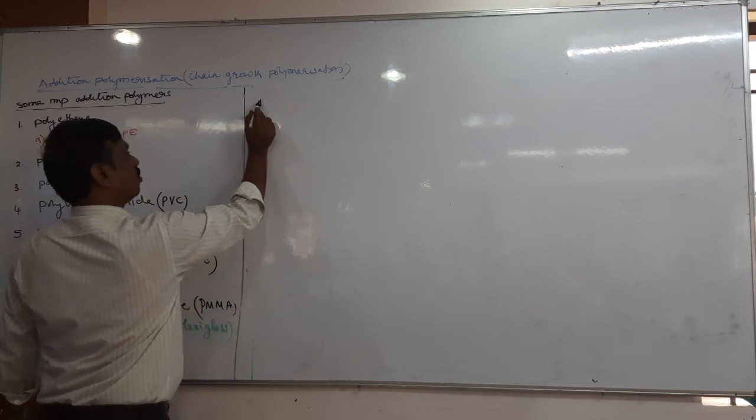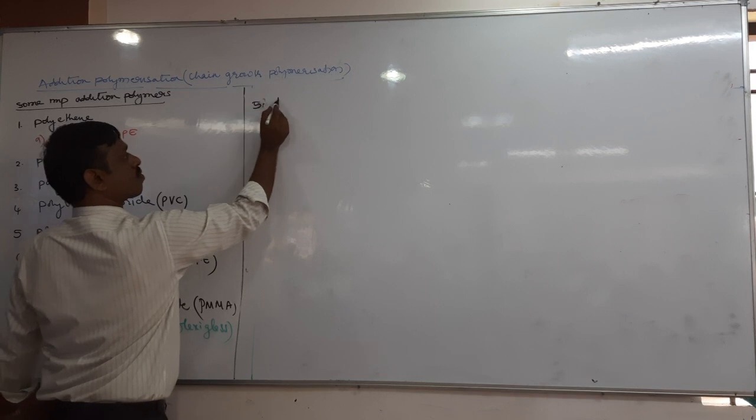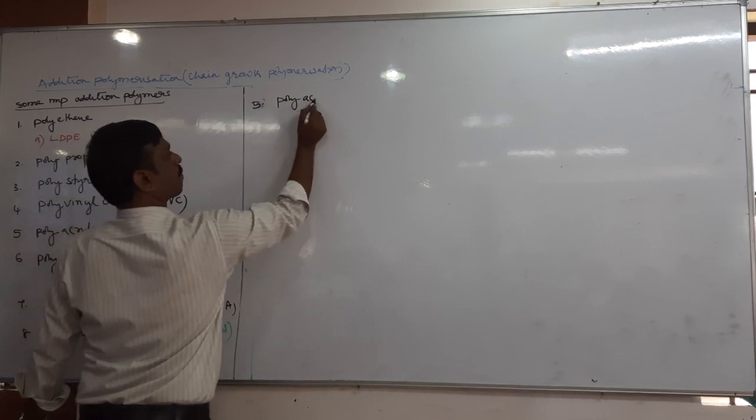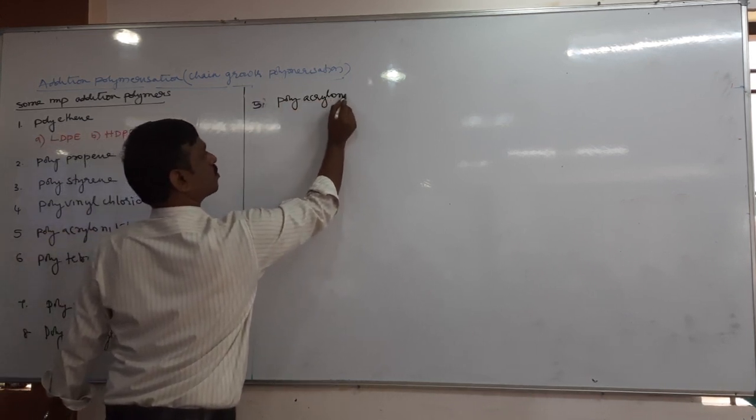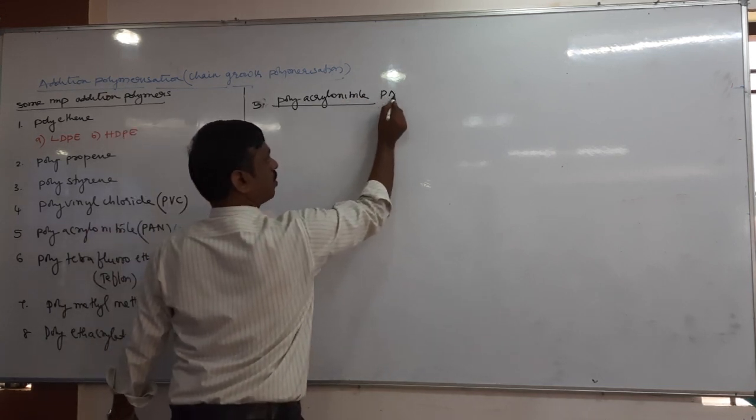It is fourth one, no? Polyacrylonitrile, it is called PAN.